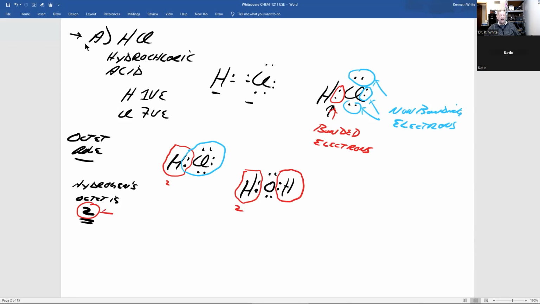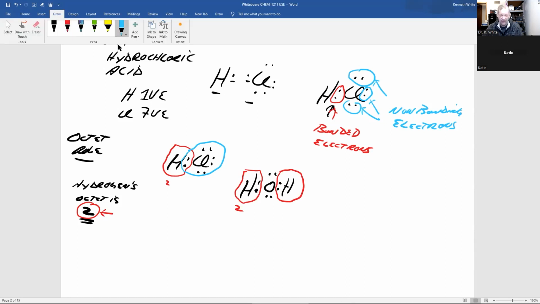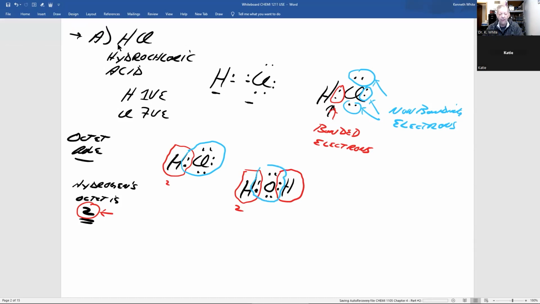And remember, the octet for hydrogen is 2. Now, if we look at oxygen, it should have 8 bonded and non-bonding electrons. If we look in the blue circle, 2, 4, 6, 8, octet. You could also 2, 4, 6, 8.